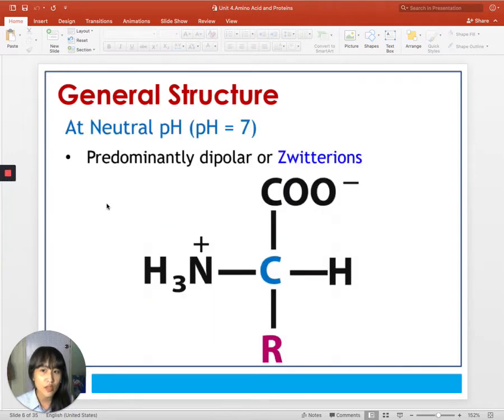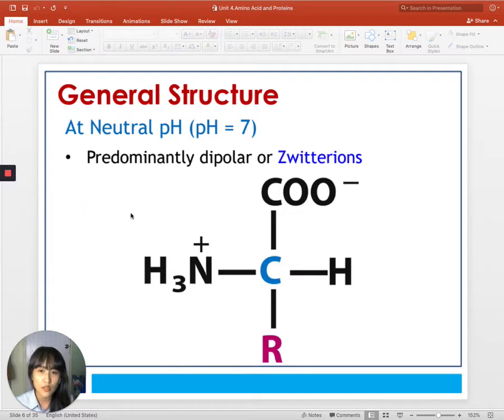One of the unique characteristics of an amino acid is having an acid-base nature. So also, they exhibit both negatively charged and positively charged regions. So the COO minus here is the negatively charged region, and the NH3 plus here is the positive region. Also, amino acids are predominantly dipolar or Zwitter ions.